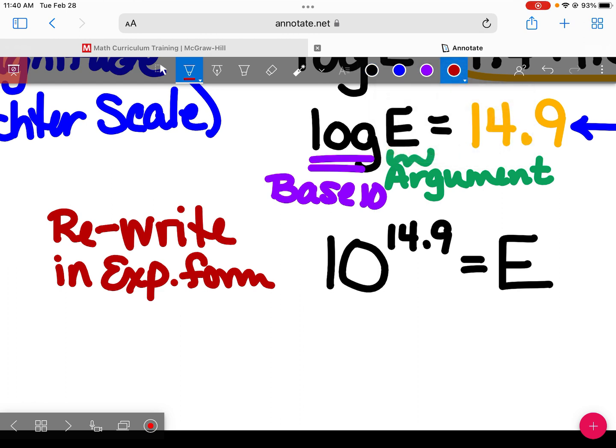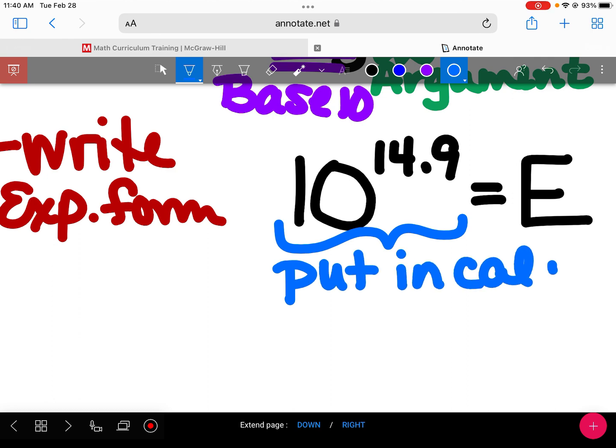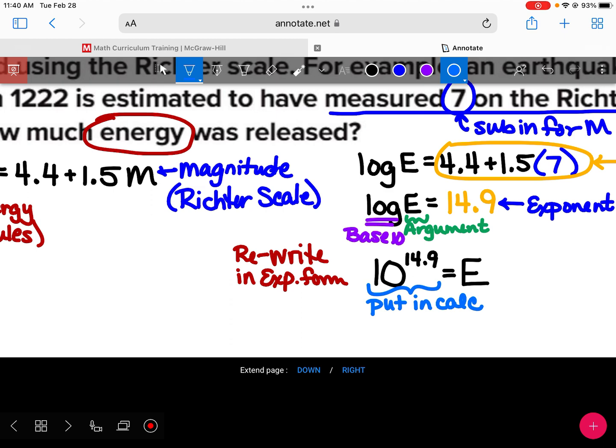Now, can you put this in your calculator? Yes. Ten to the power of 14.9.